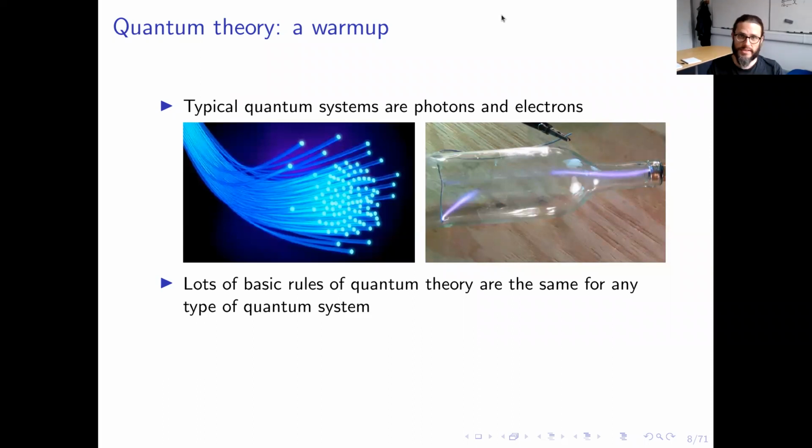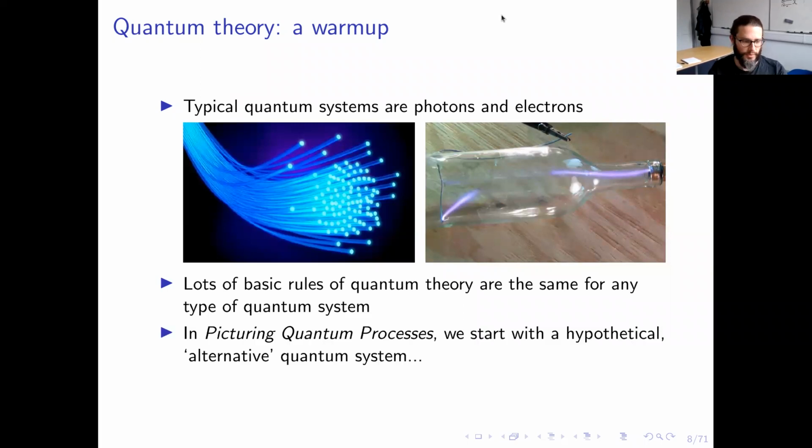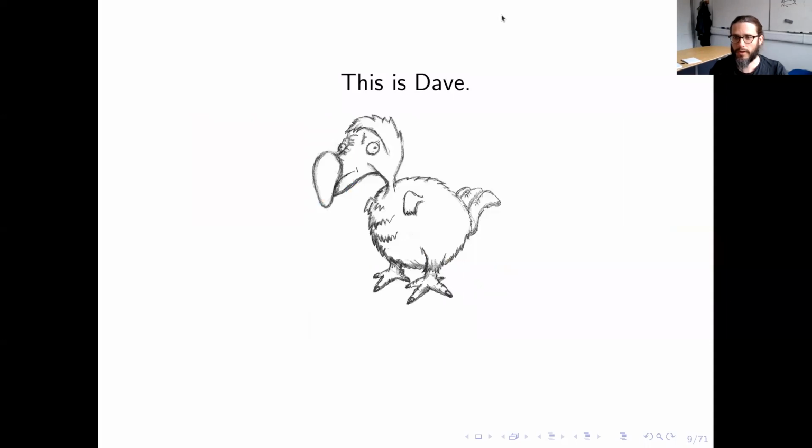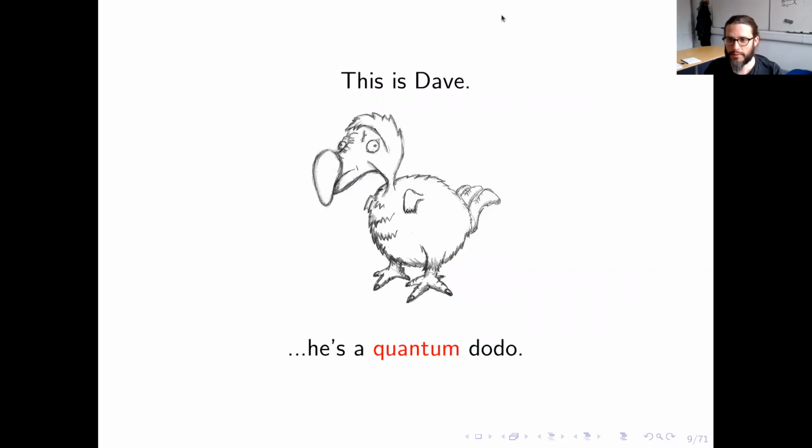As long as the system is subject to the rules of quantum theory, we don't really care what kind of particle it is. So in PQP, we actually use a hypothetical quantum system to explain a lot of things, and that quantum system is a dodo. So this is Dave, and Dave is the quantum dodo, which features throughout Picturing Quantum Processes.